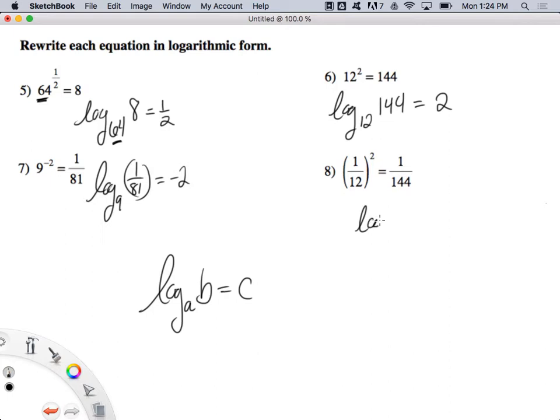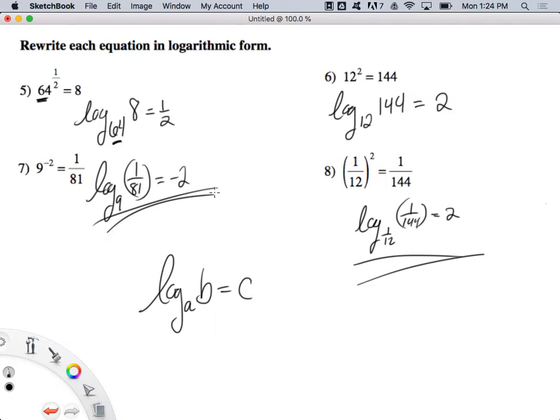And this would be log base 1/12 of 1 over 144 equals 2. You're done. See? Good? Okay.